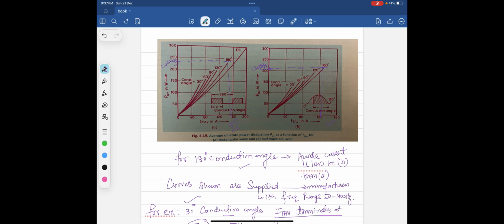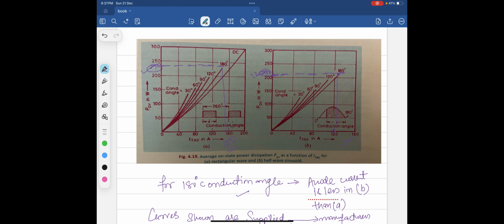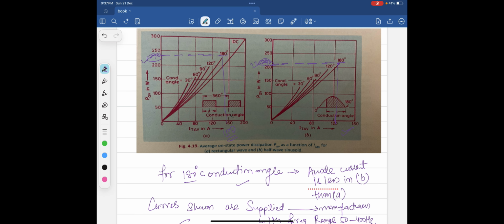If you can see in the diagram, let us take a conduction angle of 180 degrees. Here, the anode current is less in figure B. You can see that if we take a line here, it is approximately 130, and if we take a line here, we get 150.